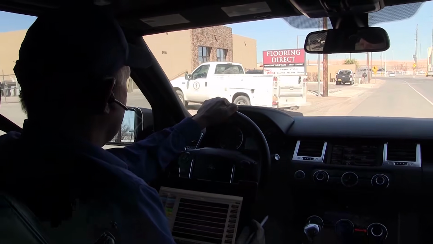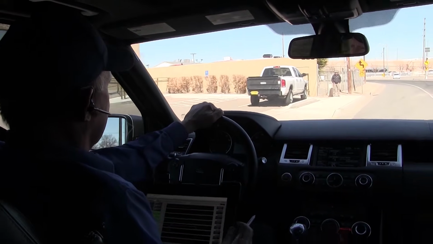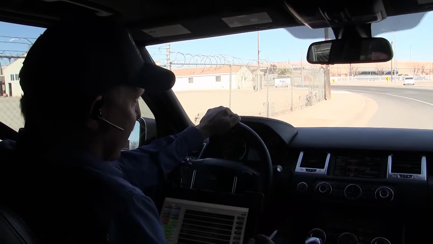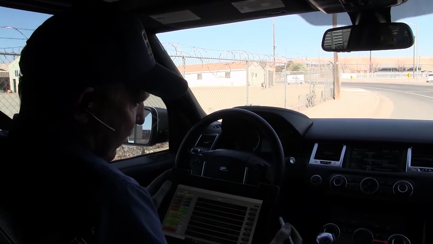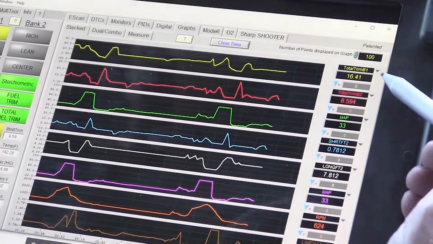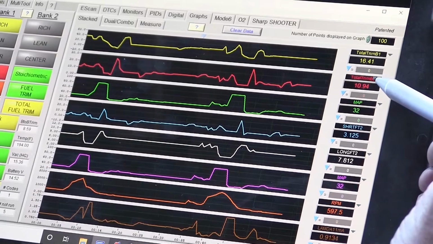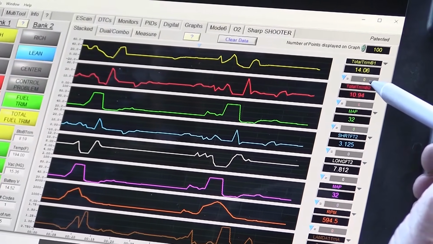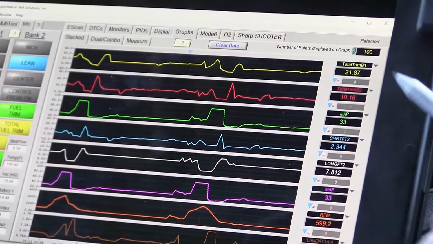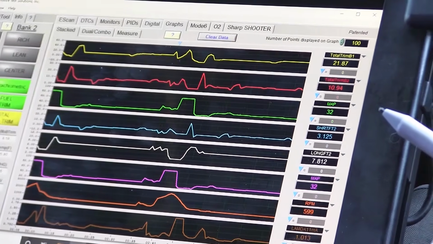Let's go ahead and we're going to start to get in it here. We're going to see what we get here for trims. Okay, it's running really bad right there. But I don't see my total trim changing a whole lot. We're still around 20%, but we definitely had it not run good.